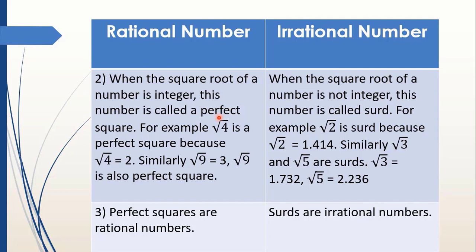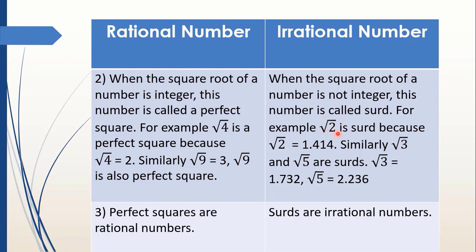Now on the other side, if the square root of a number is an integer, it is called a perfect square, but if the square root of a number is not an integer, then that number is called a surd. For example, square root 2. When we take the square root of 2, the answer is 1.414, which is not an integer.